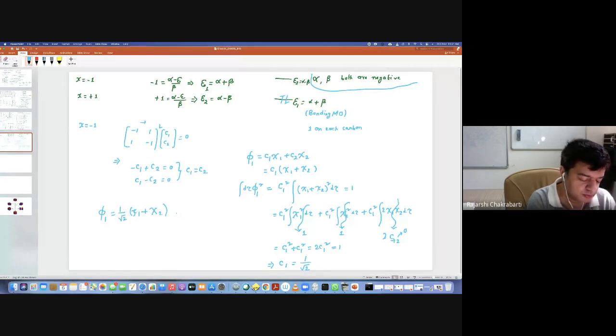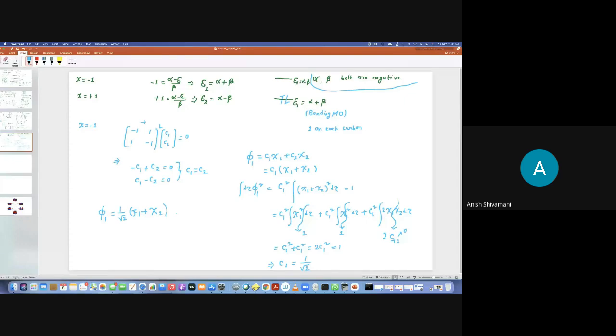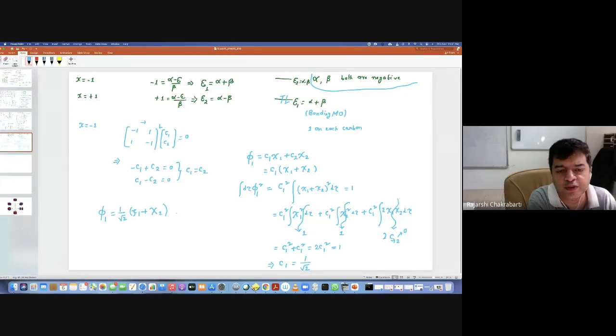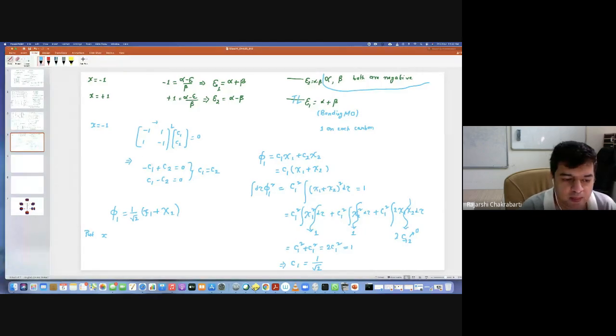What about phi 2? How do I get phi 2? X equal to 1. Now in order to find phi 2, put x equal to 1. And if I put this, it is the matrix 1, 1, 1, 1.